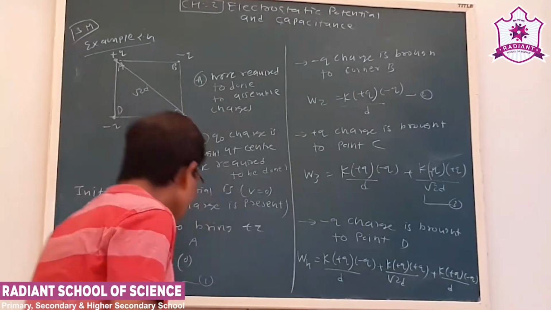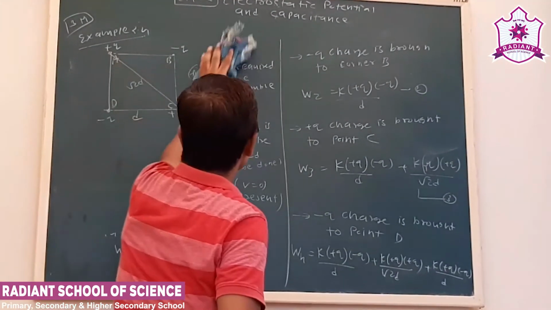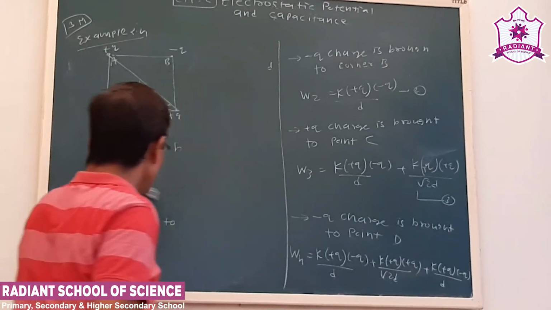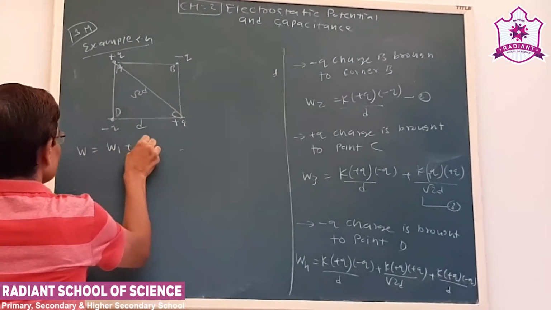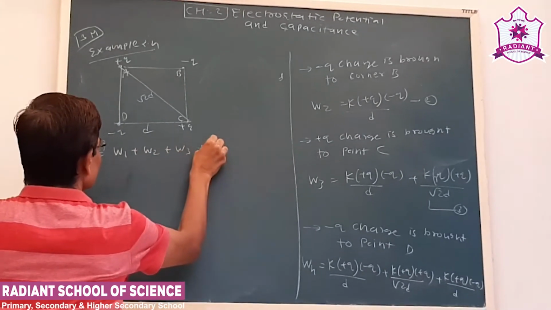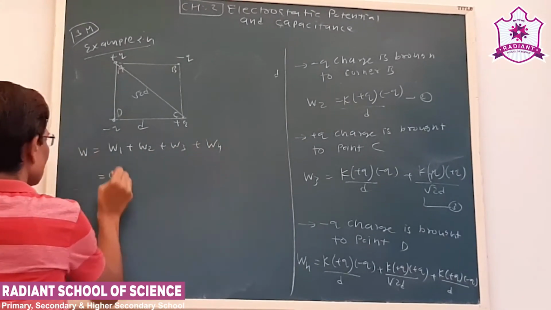Now this is how we have assembled the charges. The total work done during this can be obtained by addition. We know work is a scalar quantity. So work done is W1 plus W2 plus W3 plus W4. The first was 0.